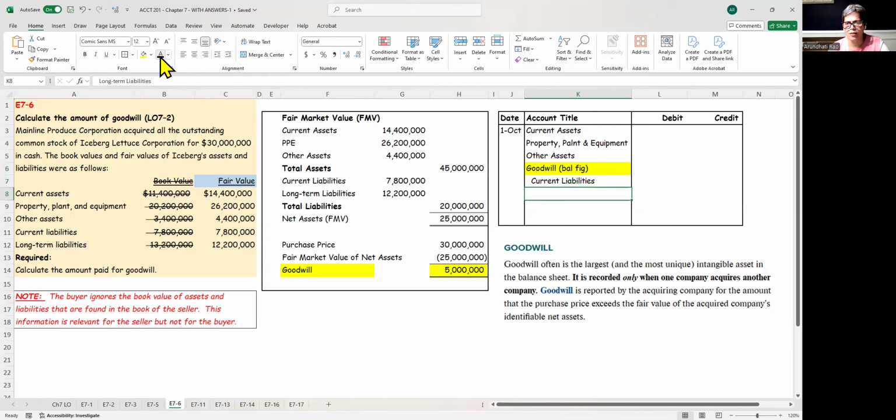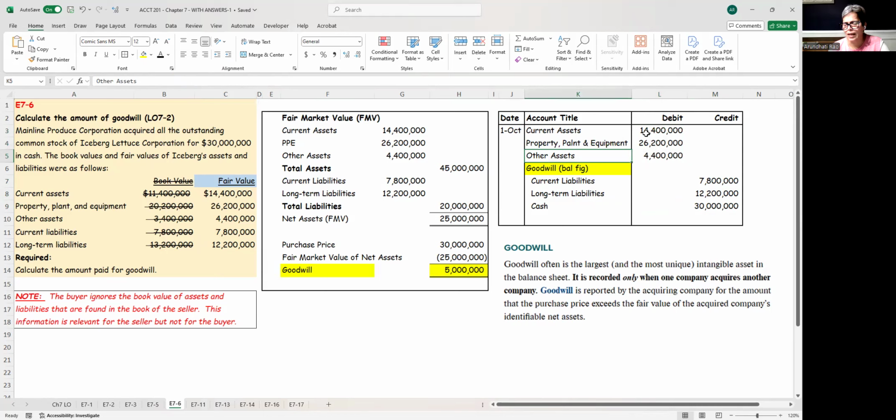I also got their current liabilities and long-term liabilities, and I paid cash, $30 million. We're going with the fair value of the current liabilities. We will list the fair value of the assets.